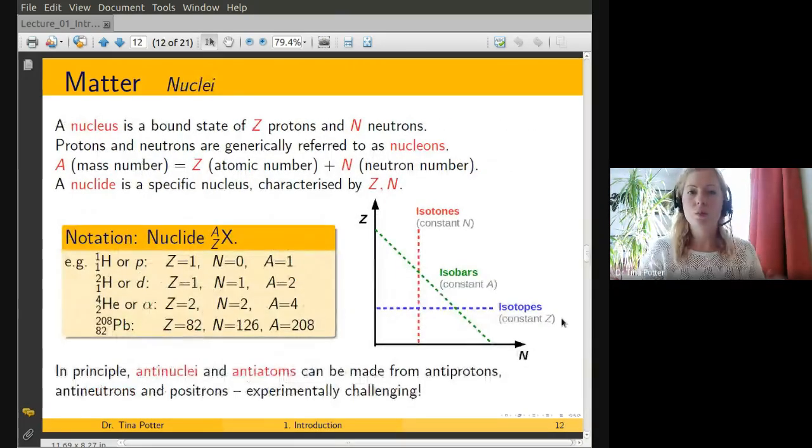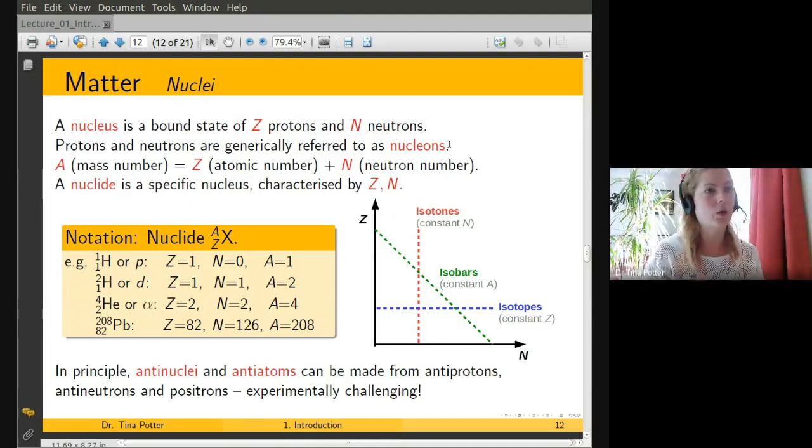Right, so let's zoom out a little bit and talk about nuclei. So we will be covering nuclear physics after Easter. And what we have there is basically a bound state of protons and neutrons. The number of protons we have is denoted by Z. The number of neutrons we have is denoted by N. And together we call them nucleons.